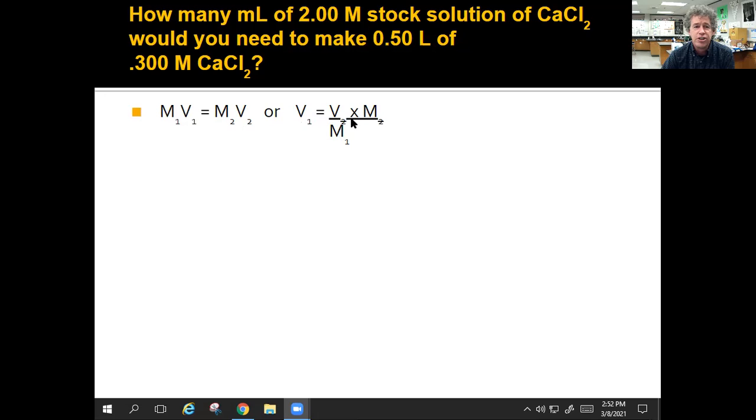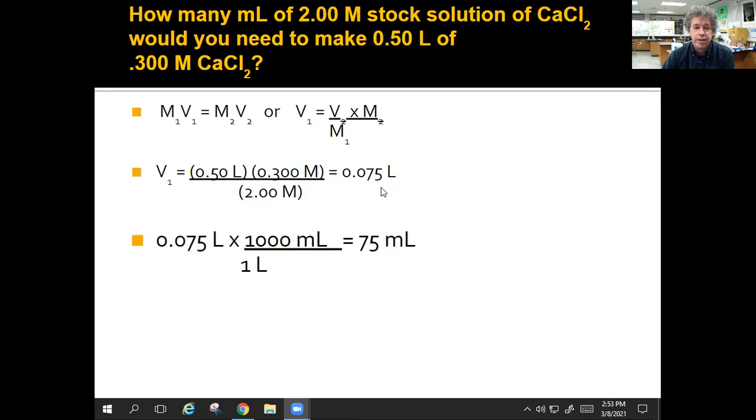V2 is 0.5, M2 is our diluted molarity, 0.300, and M1 is our stock solution, 2.00 molar. Substituting those in, we get a volume of 0.075 liters. There's 1,000 milliliters per liter, so that equals 75 milliliters.